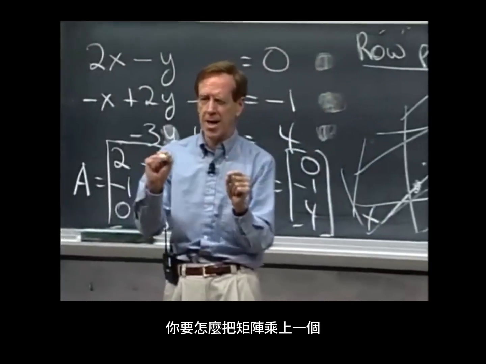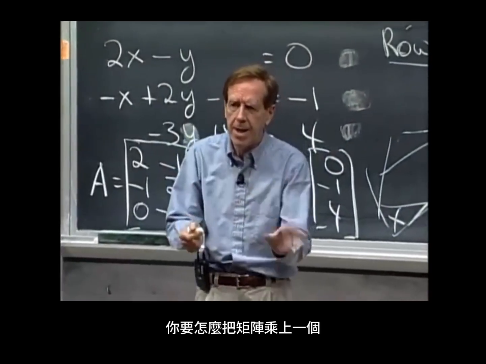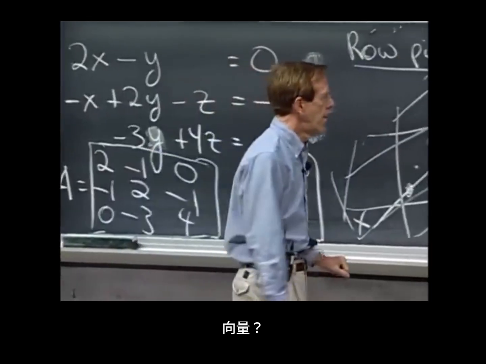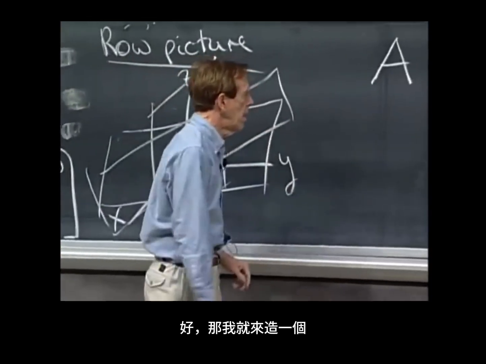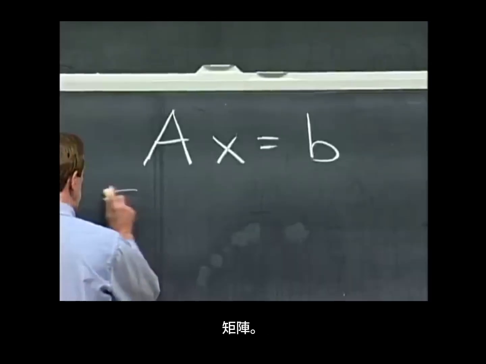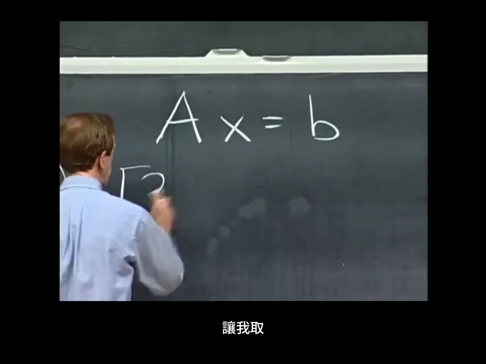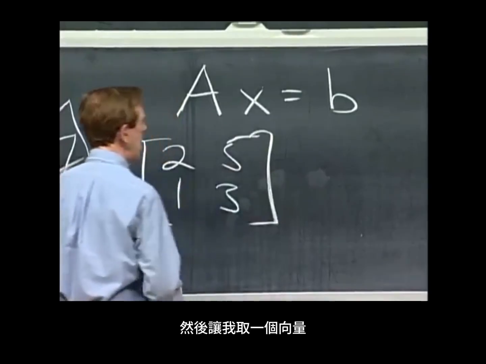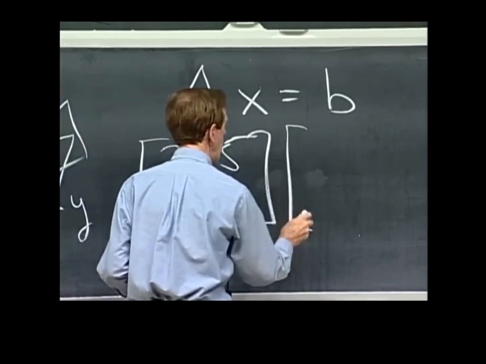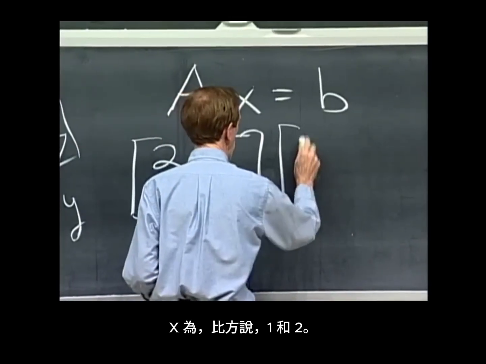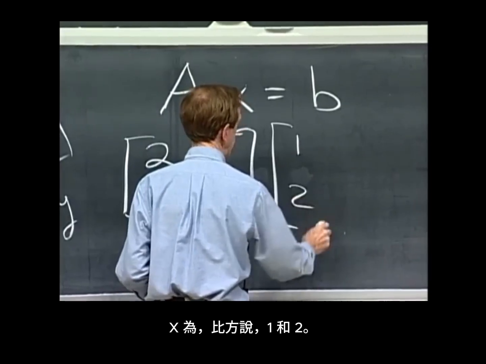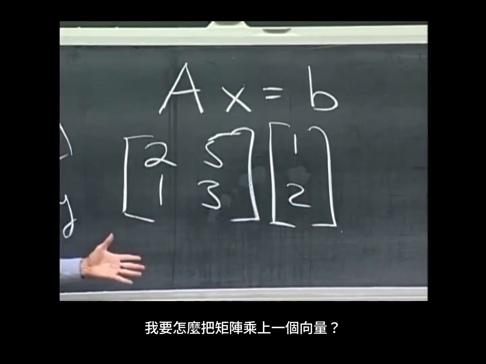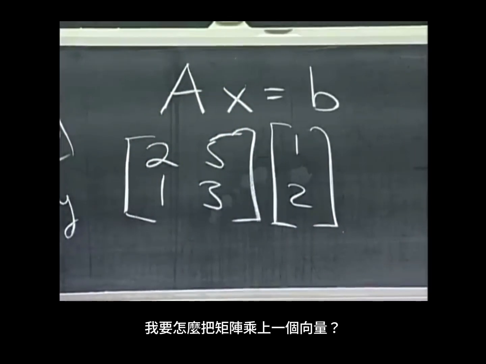And I just want to say, how do you multiply a matrix by a vector? I'm just going to create a matrix. Let me take 2, 5, 1, 3. And let me take a vector x to be, say, 1 and 2.